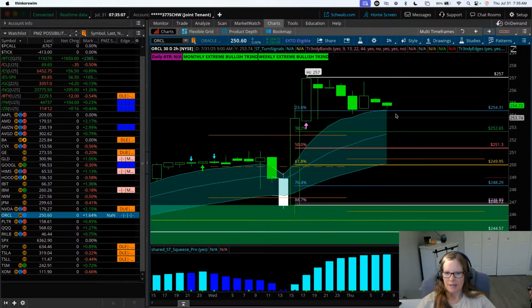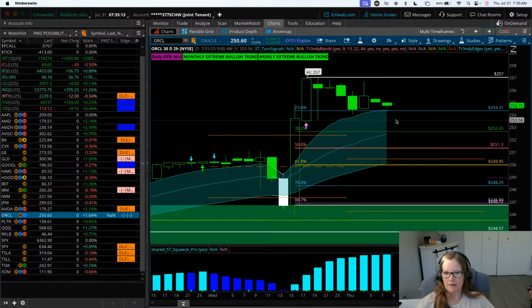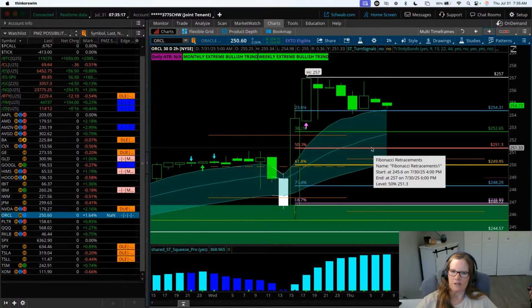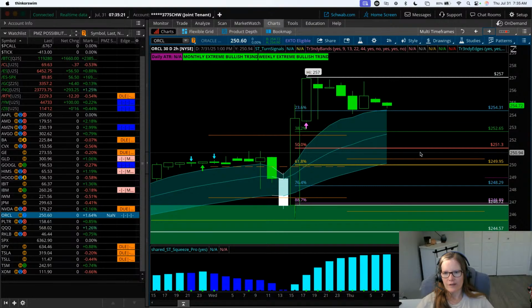Let me look at this again. I like this bull channel here, especially if the PMZ were to print between 254 and 252, or the golden pocket down here at 251 by 250 would be another dip buy opportunity with the upper daily edge right there.